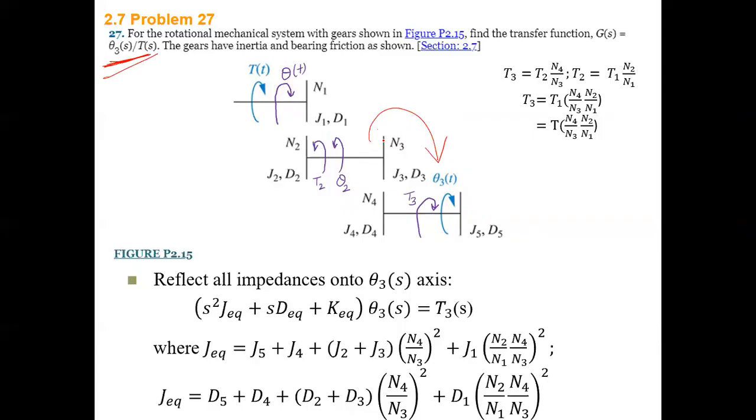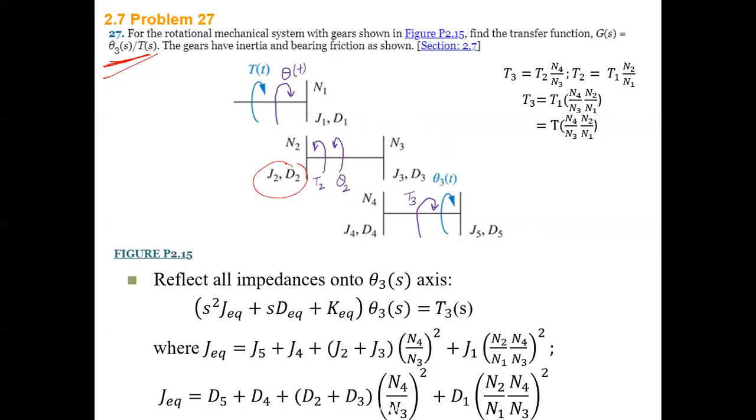So what do J2 and D2 become when you go to the right hand side from here? Not only J2, D2, you have J3, D3 also. See, the entire system gets transferred, right? Does it make sense?